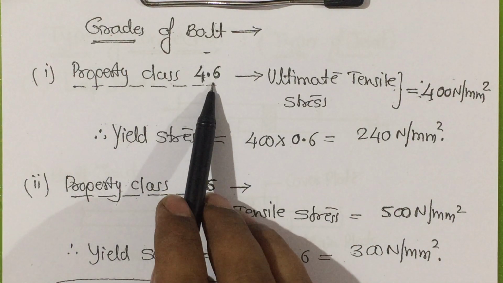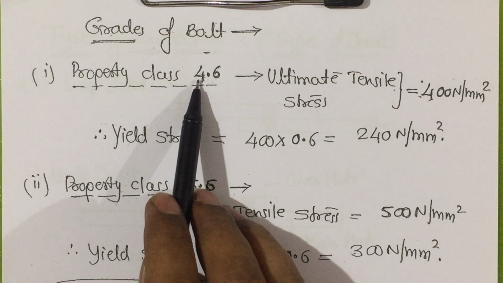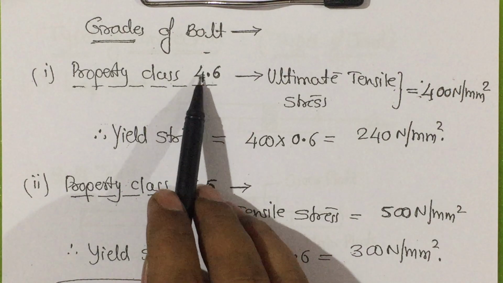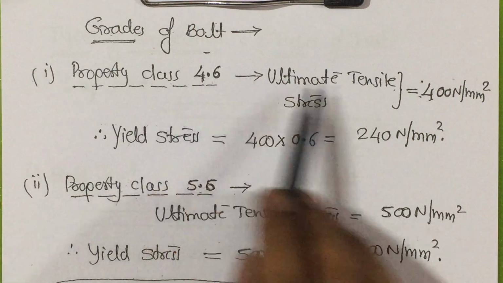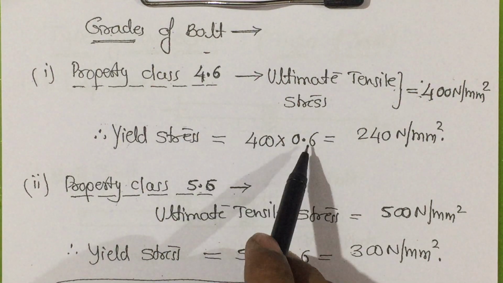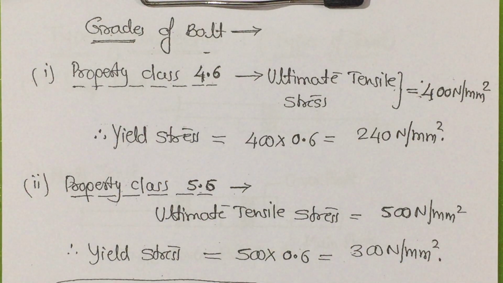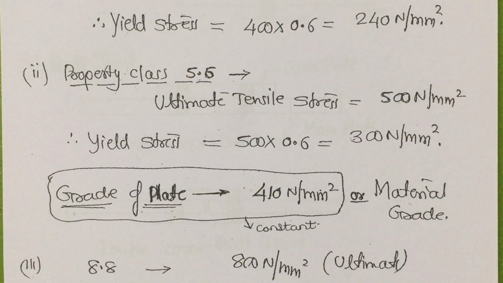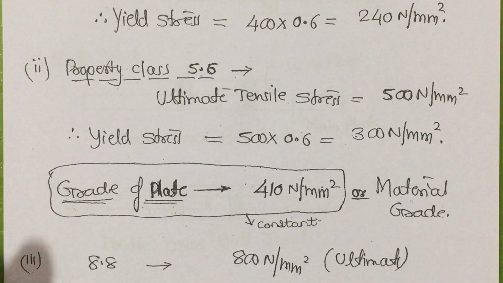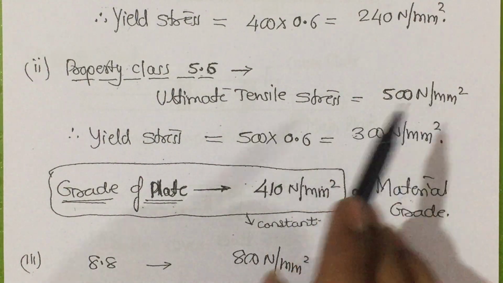Always if I say property class 4.6, the ultimate tensile stress Fu is given by that digit before the decimal multiplied by 100, and yield stress is given by ultimate tensile stress multiplied by the decimal value, that is 0.6. Like that, if I say property class 5.6, then ultimate tensile stress will be 5 into 100, that is 500 Newton per mm square.